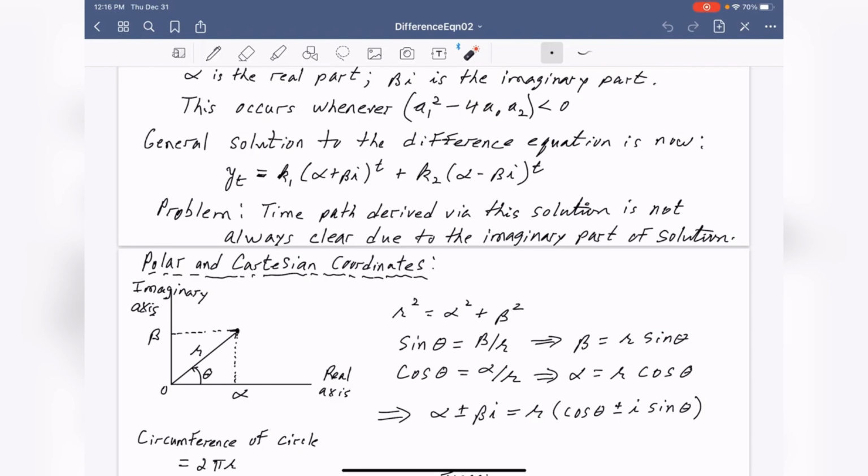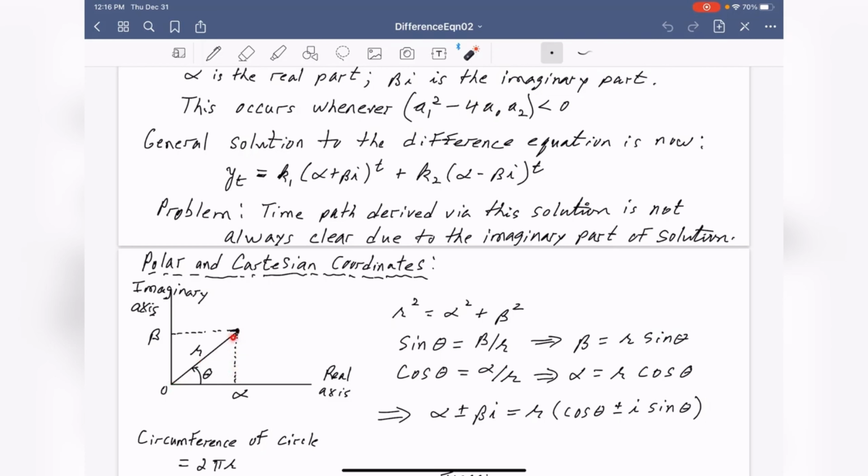Now we also know that the sine of theta is given by beta divided by r, so that beta is equal to r sine theta. A summary of this is found on the last page of this particular video, and we'll come to that shortly. Sine theta, so beta over r, is the opposite over the hypotenuse, because this is your beta height.